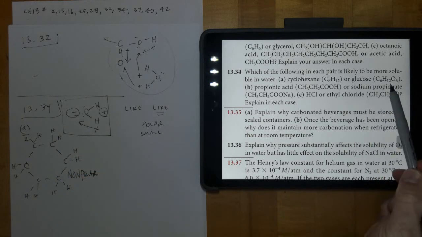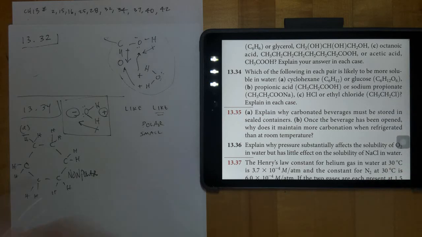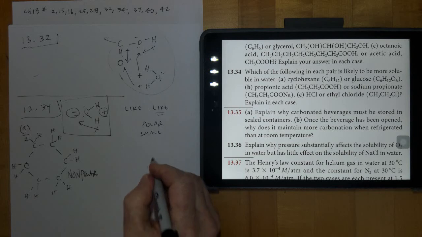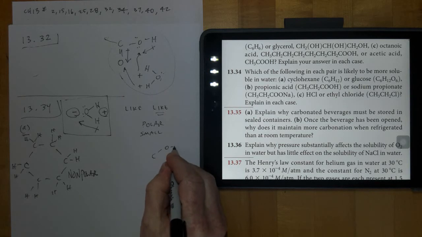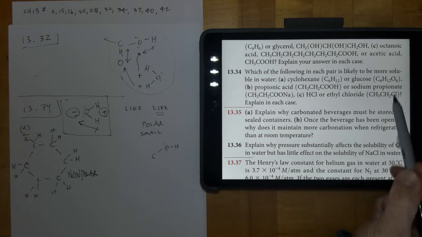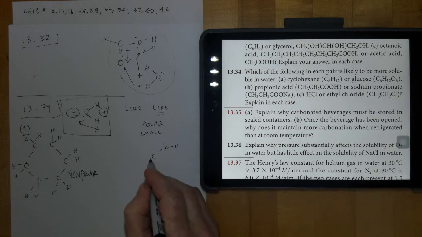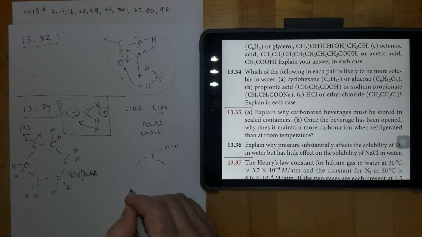Then the second one would be glucose, C6H12O6. And we can see from glucose, there are a couple different versions of it, but it definitely has C and OHs coming off of it. You can see O's and H's right here. One form of glucose is a ringed structure that has OHs coming off of it.